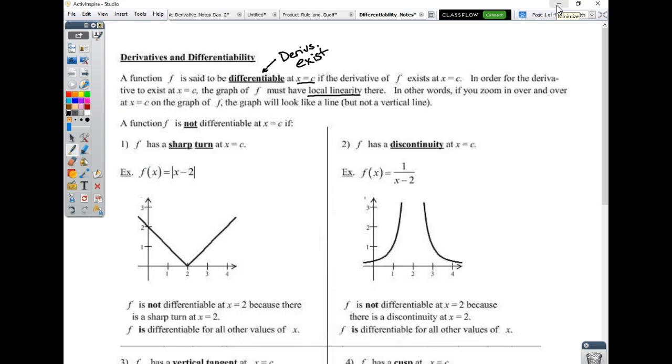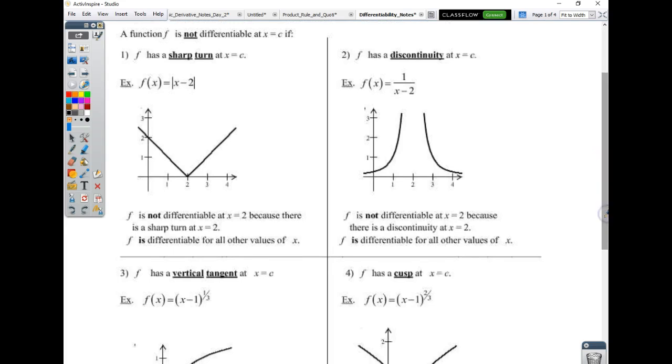Graphically, there are four different ways that we could have something that is not differentiable. The first is what's called a sharp turn. If I zoom in on this spot right here, that will always look like a V. If I look at a spot with a discontinuity and zoom in, you would get nothing there.